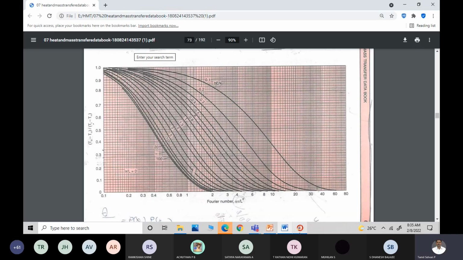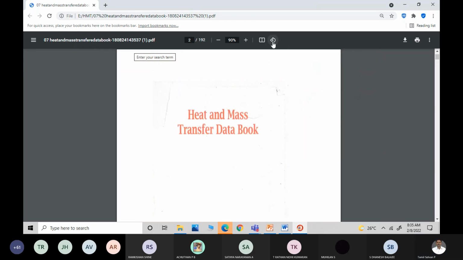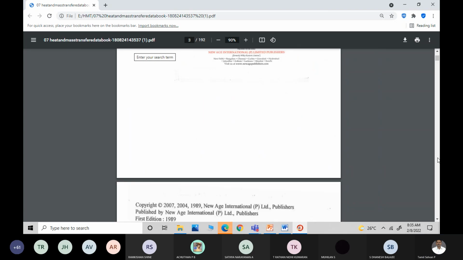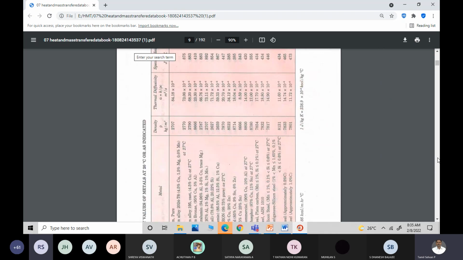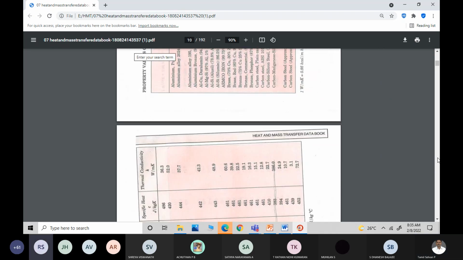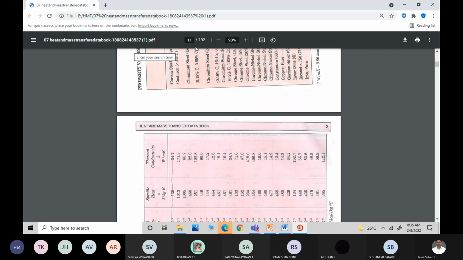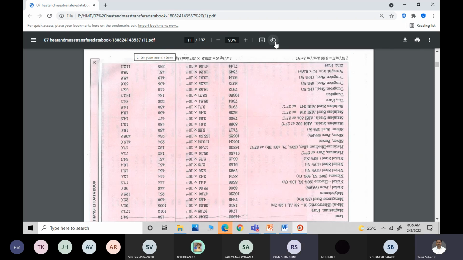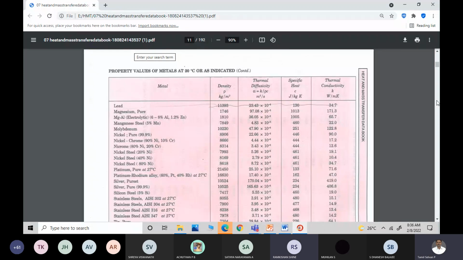Again, when steel is given, immediately you people are blinking. Where is the property of materials? Page 2 or 3. Sir, which type of steel are you going to take?